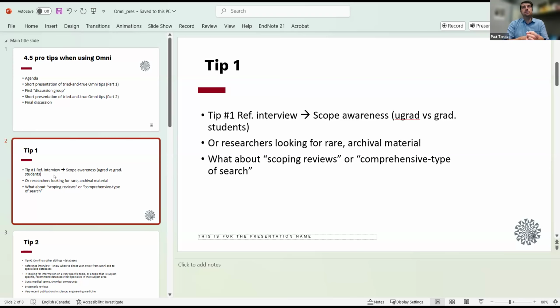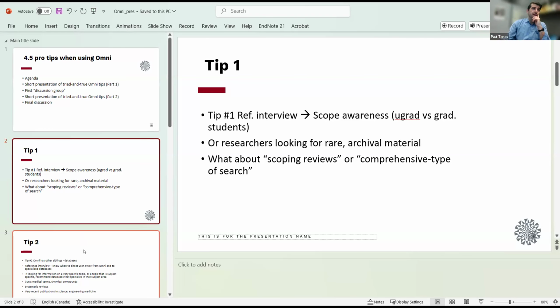The last situation: once I hear scoping review or a comprehensive type of search, and I know that the person is a fourth-year student in an honors program or a graduate student, I'm going to actually veer away from OMNI in that case.